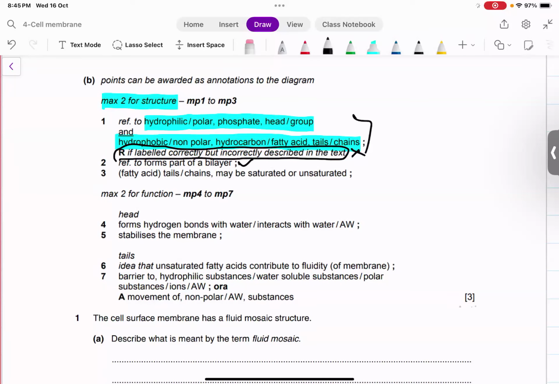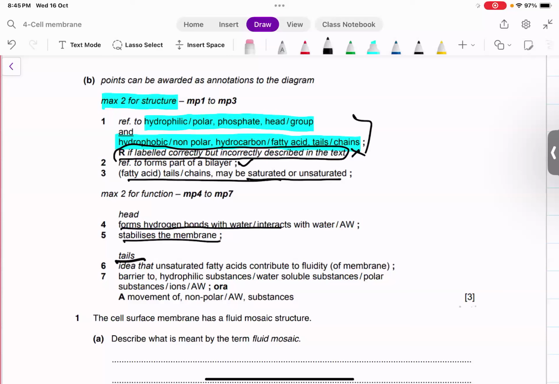Fatty acid tails chains may be saturated or unsaturated. We have discussed in the previous chapter the saturated and unsaturated and role of saturated and unsaturated fatty acids in fats and oils, determining the viscosity of the lipids. And then we have head forms hydrogen bonds with water, and this stabilizes the membrane.